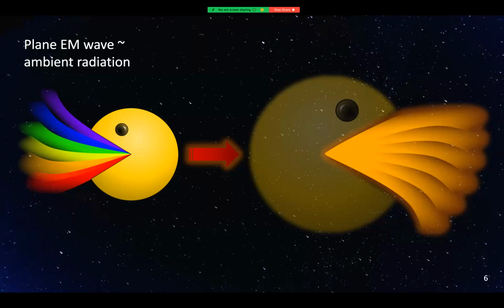And now if you protest, because some people have, why is there a rainbow going into Pac-Man's mouth? It's essentially because, yes, the plane electromagnetic wave is just one frequency, but I tried many different frequencies to make sure that I didn't somehow magically hit the magic frequency that makes something happen to the star. So yes, I tried different frequencies, which are represented by this rainbow of colors here.